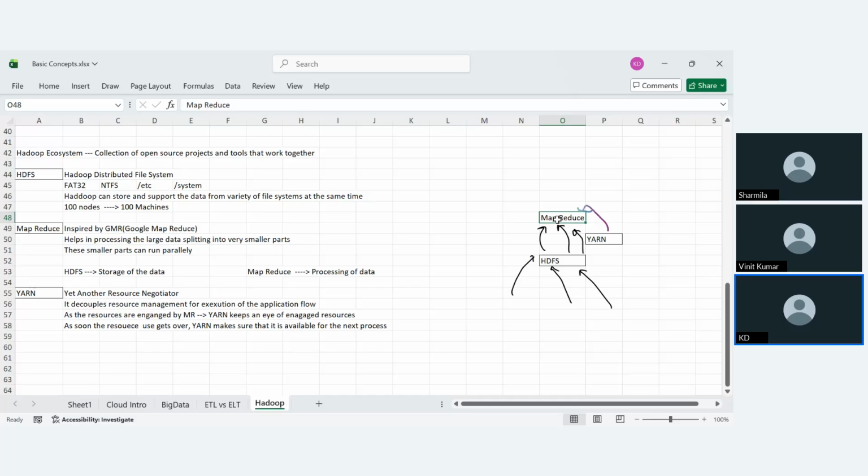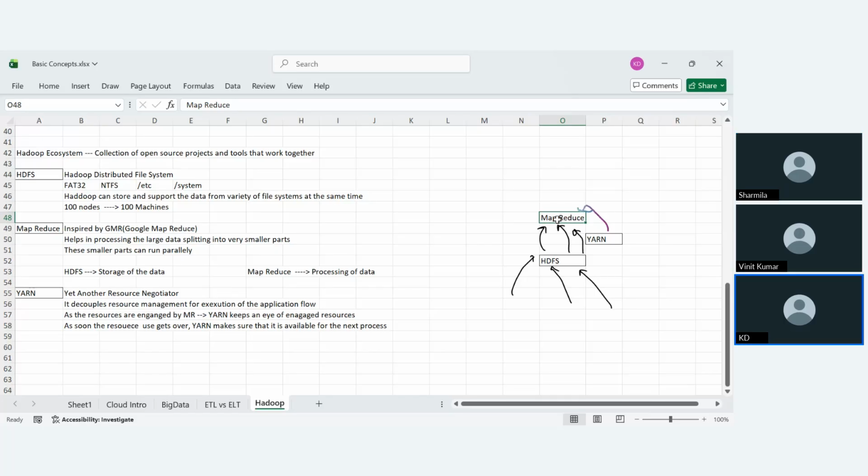Now 500 resources are already engaged by MapReduce for the first task. So what will YARN do? YARN will manage at the beginning somehow with the other 500 resources only. But as soon as the other resources start getting free, it immediately makes those resources available for the second request.